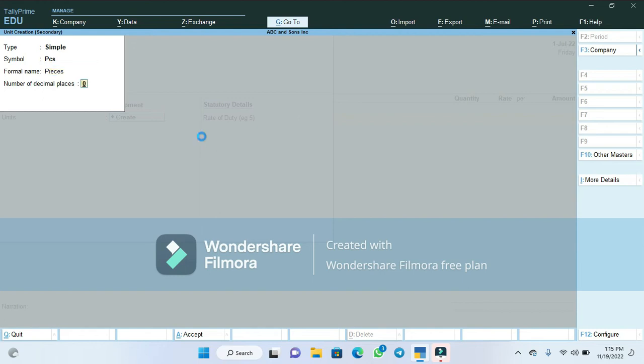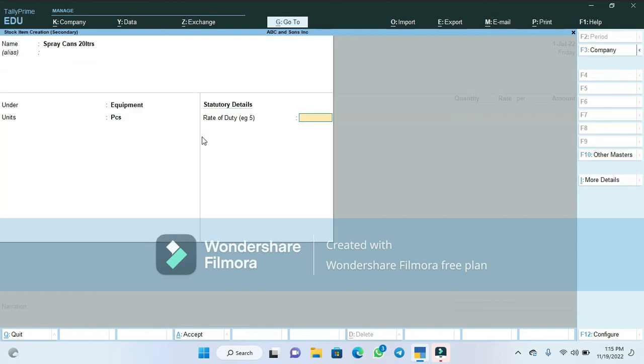Use any unit you want. Zero decimal places. Rate of duty, it's the same. It attracts 18% VAT. However, where it's going to be used for agriculture, it will attract 0%. So you need to be careful.